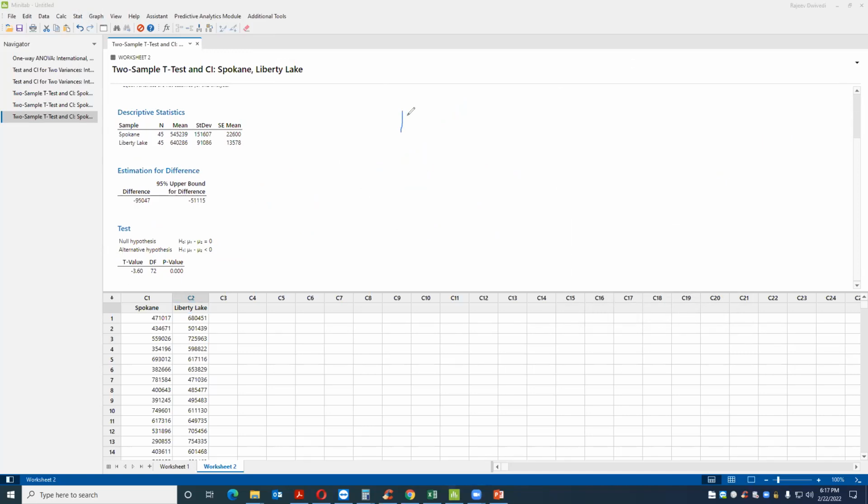So the null hypothesis in this case, H0: Spokane minus Liberty Lake is greater than or equal to 0, and H1: Spokane minus Liberty Lake is less than 0.